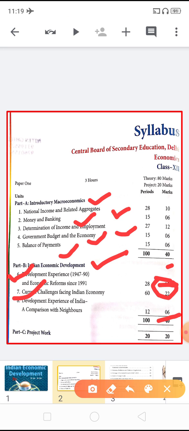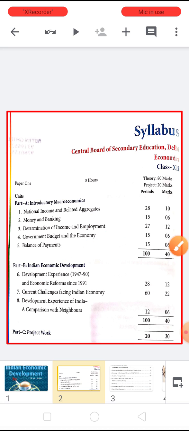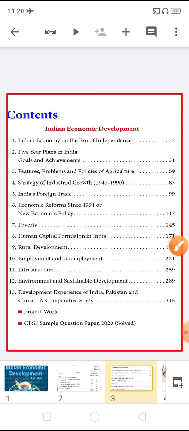The remaining third part is your project work, in which you have to make one project file on any topic chosen from your syllabus, and the remaining 8 marks are for your viva voce. So children, let us start the topic. Let us move ahead.